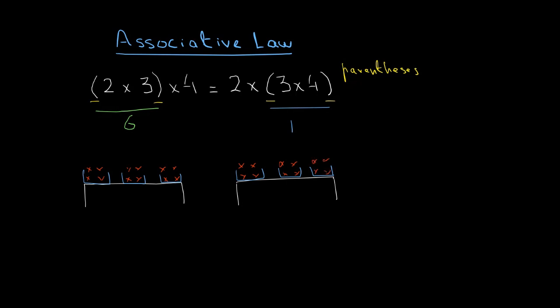Okay, so now we want to count the number of apples. Well, there are two ways to count the number of apples. The first way to count the number of apples is to count the number of total baskets. So, well, you can see there is 3 on one table and another 3 on the other table.